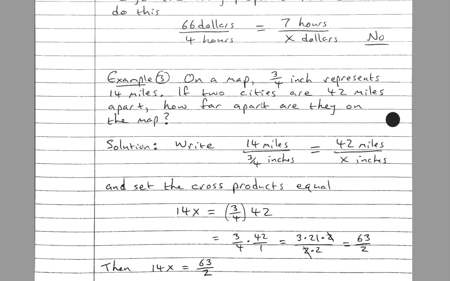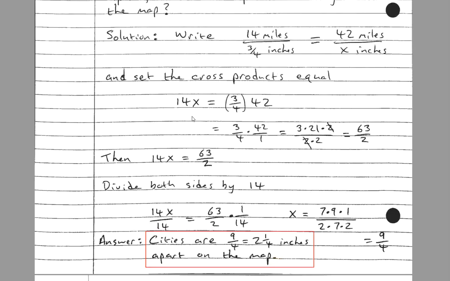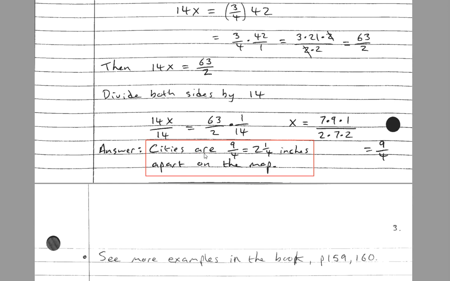Let's remind ourselves what the question was. This x is x inches, and it's how far apart these two cities look on the map. So the cities are 2 1/4 inches apart on the map.